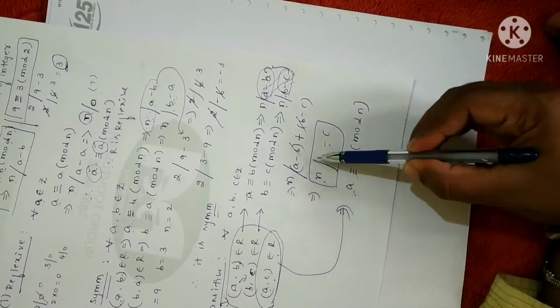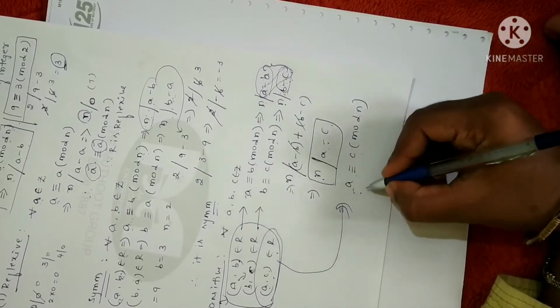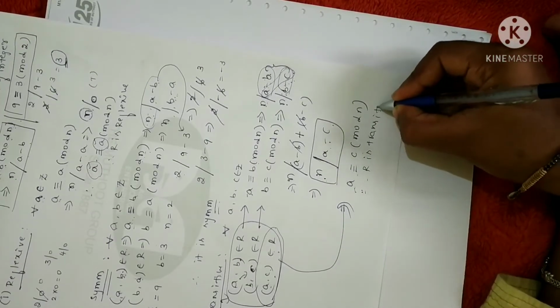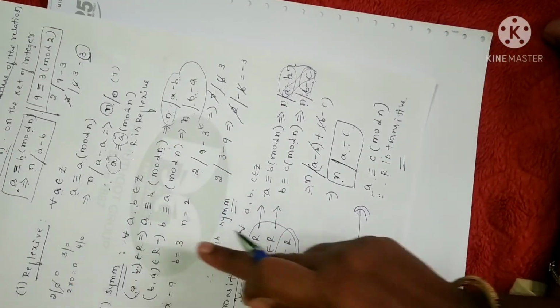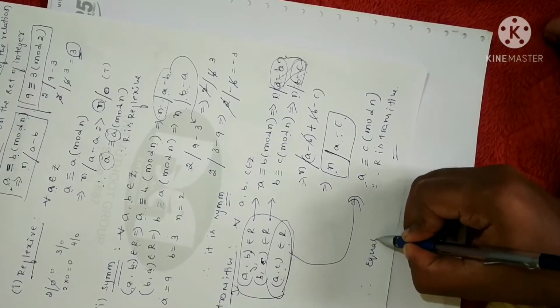So I have proven it, so A is congruent to C mod n. Therefore, I can say R is transitive. Since it is reflexive, symmetric and transitive, therefore it is an equivalence relation.